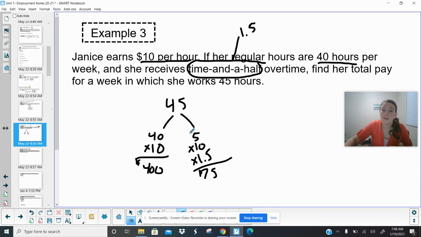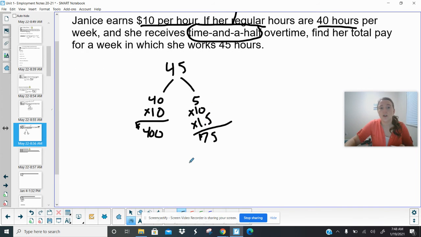Again, keep in mind that normally these 5 hours should be getting $50, right? 5 times 10. Because of this overtime, because of time and a half, she gets 1.5 times as much. So our last step, we're going to add these together, 400 plus 75. And this is going to be her total pay. Now again, this is the gross pay.